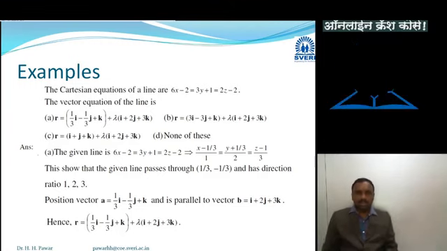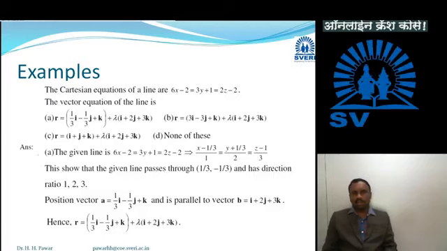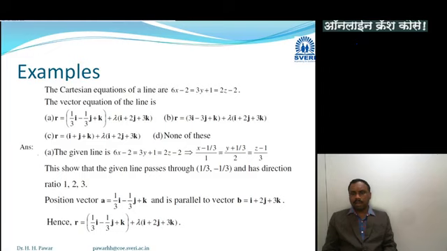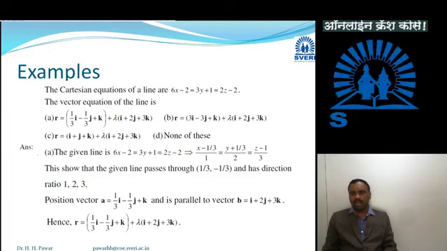This shows that the given line passes through the point 1 by 3, minus 1 by 3, 1 and has direction ratios 1, 2, 3.